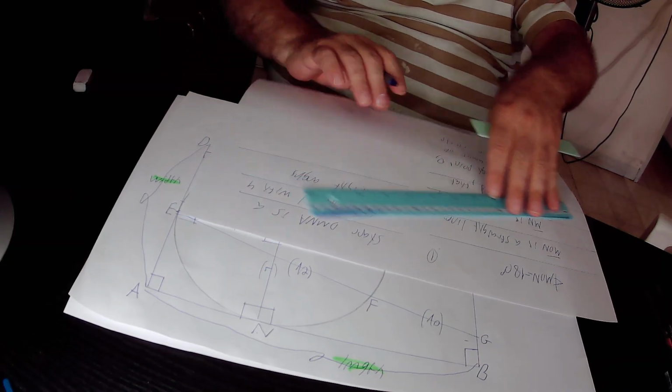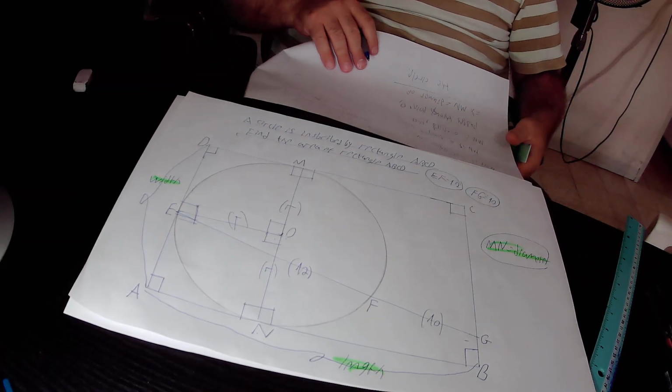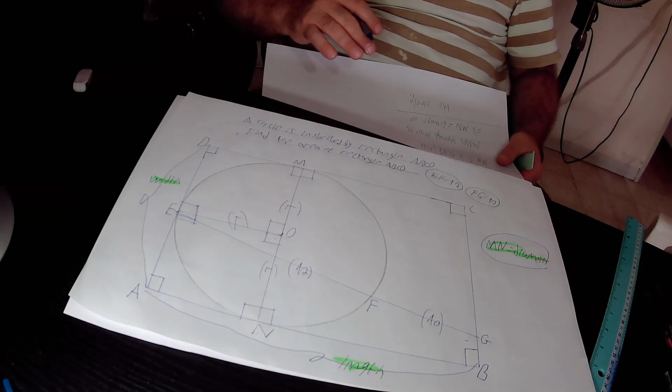And according to rule 5, any quadrilateral that has 4 right angles must be at least a rectangle or a square.